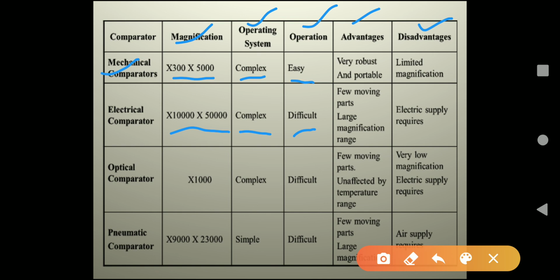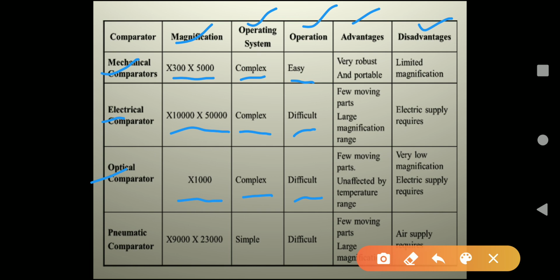Then optical comparators give magnification up to 1000, having a complex operating system. Its operation is quite difficult, and its advantages are few moving parts, unaffected by temperature and temperature ranges. The disadvantages are very low magnification, and it requires electrical supply for its source.